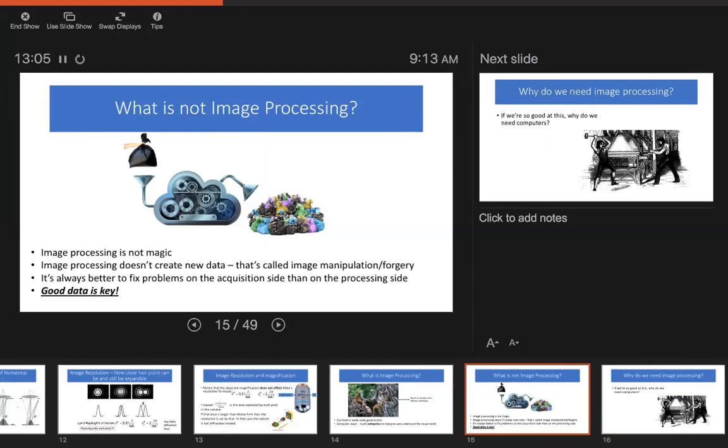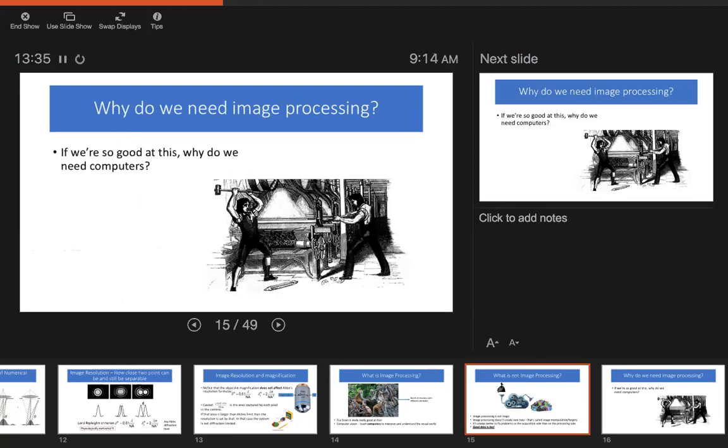For instance, if you ran an experiment and your sample went out of focus, it's better to repeat the experiment and make sure you're in focus for the whole time than to try and salvage it and get something out of these blurry images, right? And this is just one example, but this is generally true always. And so the usual principle of garbage in, garbage out also holds here. So having good data to start with is always key.